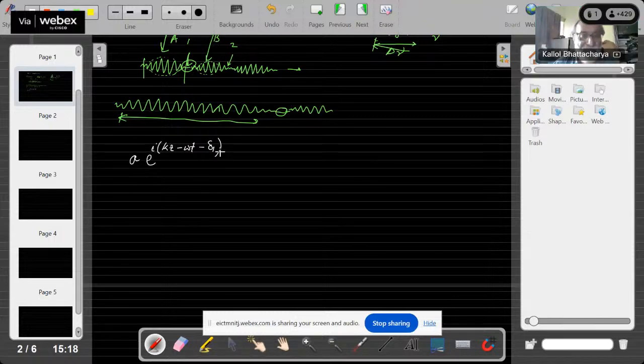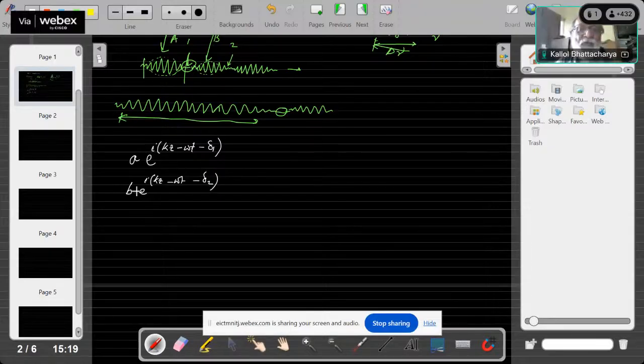Here k is the propagation constant, 2 pi by lambda, omega is the cyclic frequency in radians, t is the time, z is the distance of propagation, and delta 1 is the initial phase. Let us say we have another beam, B e to the power i into kz minus omega t minus delta 2. So their epochs, or initial phases, are different.